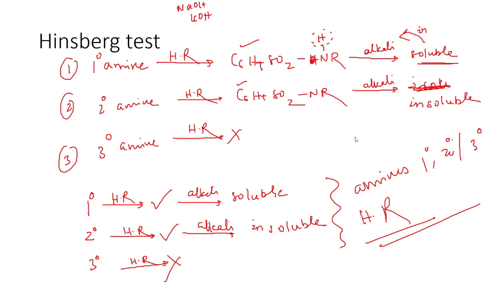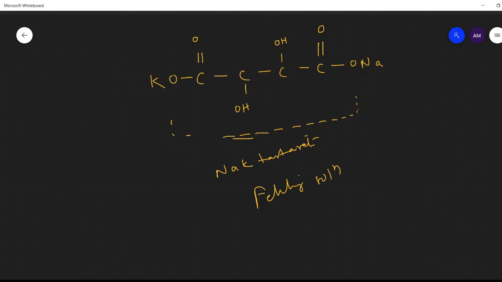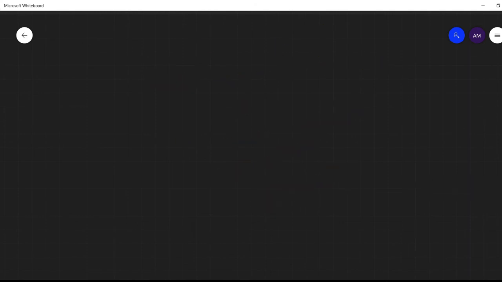Now let me go to my whiteboard and give you some important descriptions of questions you may get. A question can come like this: this is an aromatic amine, and this is an aliphatic amine.